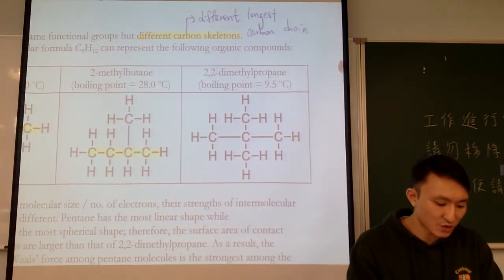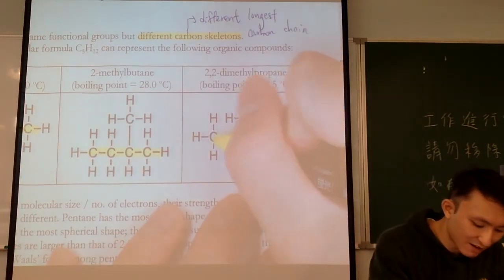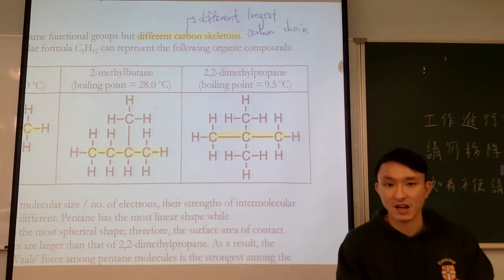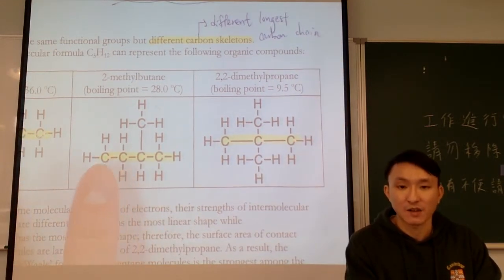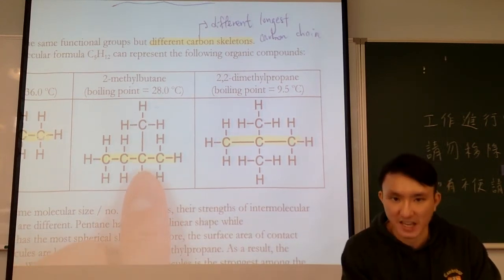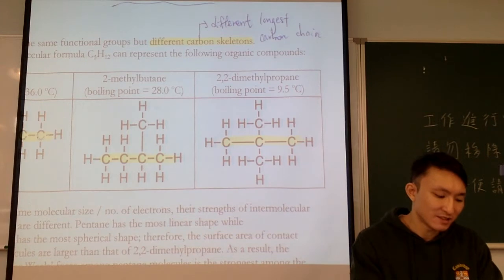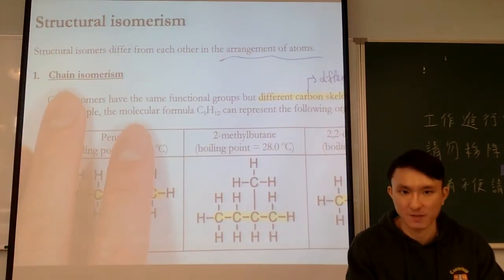Whereas this one, 2,2-dimethylpropane or simply dimethylpropane, the longest carbon chain is only 3 carbons. So when the isomers differ from each other by the longest carbon chain, then these isomers exhibit chain isomerism.